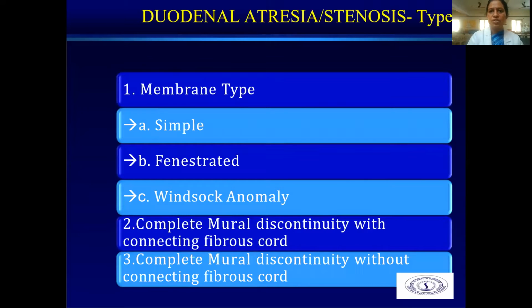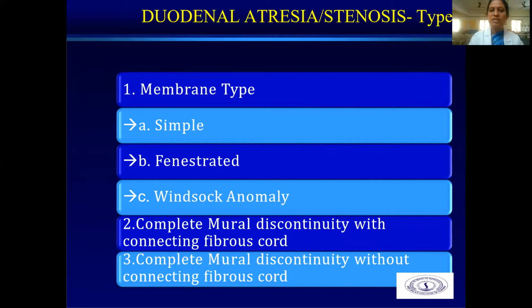Duodenal atresia and stenosis. There are different types. The first type is membrane type. There are subdivisions under membrane type, that is A, simple, B, fenestrated, C, windsock anomaly. Simple, fenestrated and windsock anomaly are the membrane types of duodenal atresia or stenosis. The second major classification is complete mural discontinuity with connecting fibrous cord.